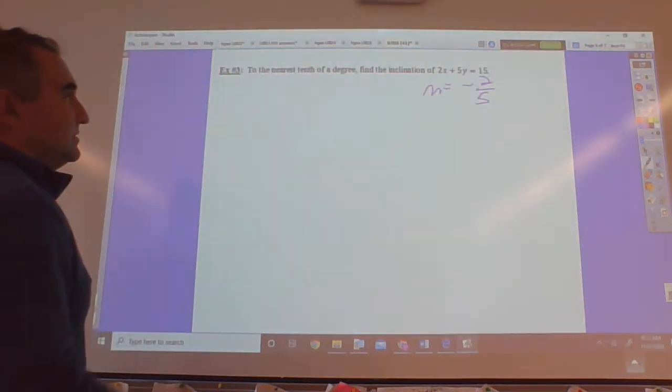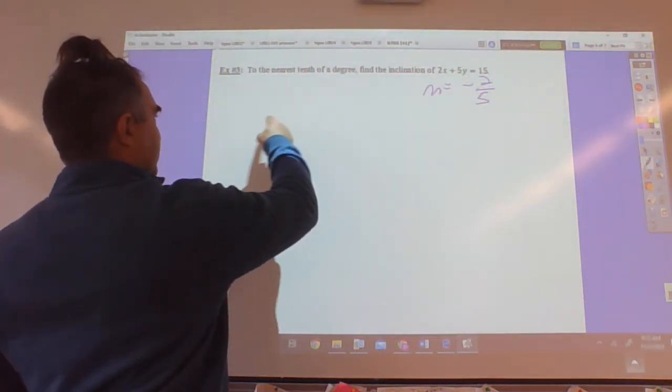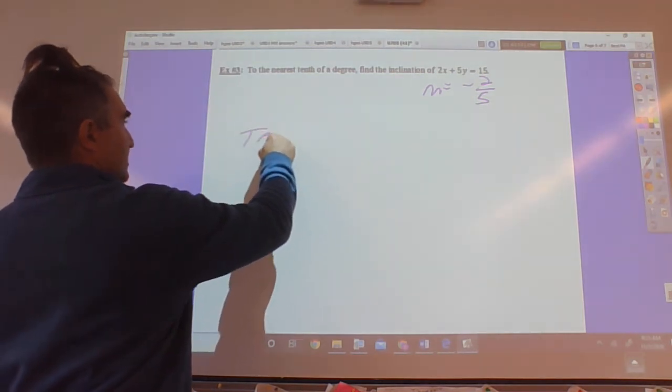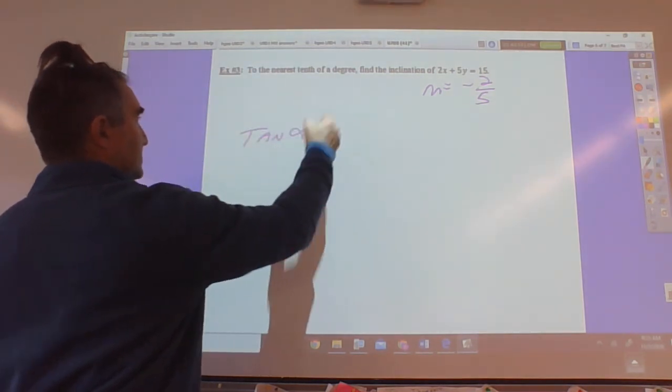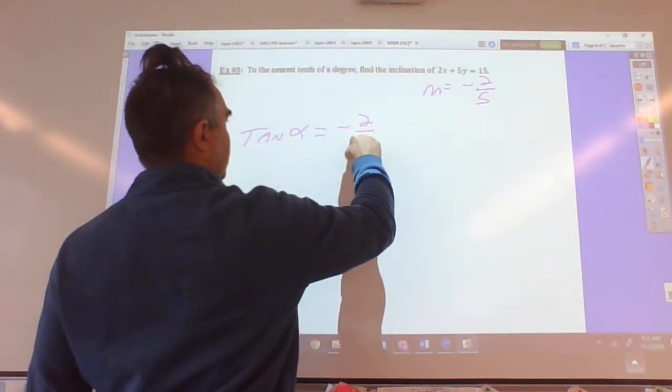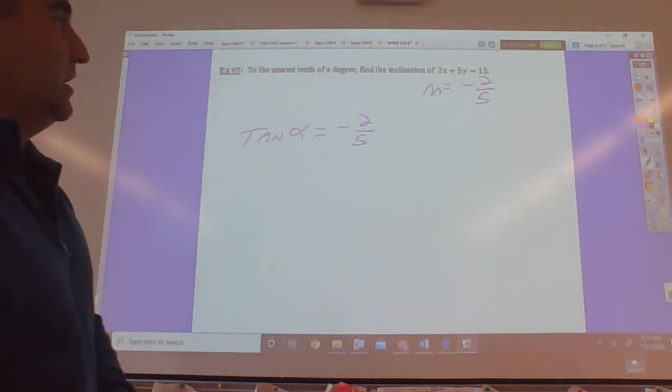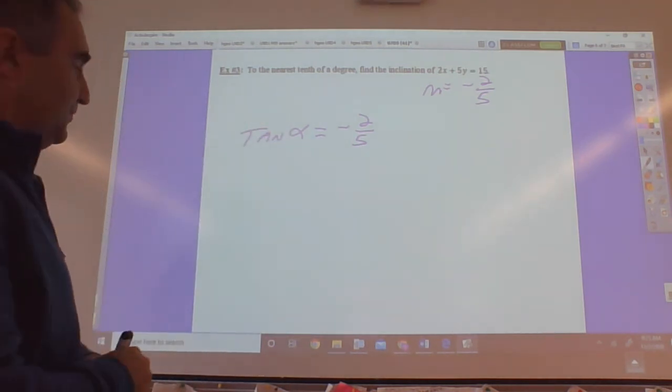All right. So what this new theorem says is the tangent of alpha is equal to the slope of the line. So it equals negative 2/5. Now we have to figure out, okay, what's that angle?